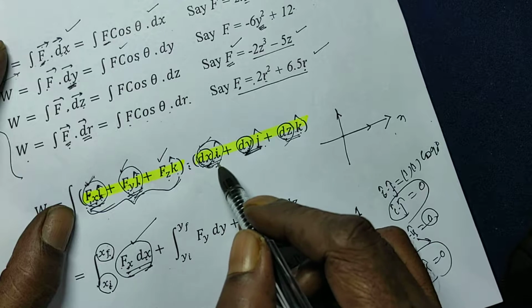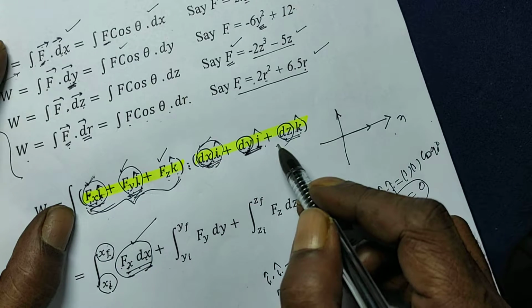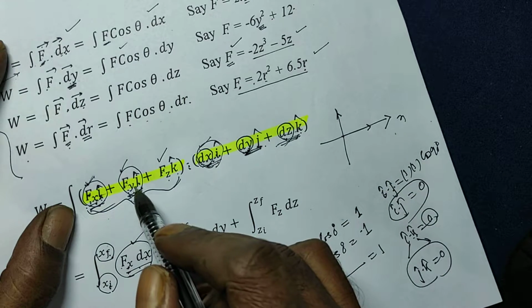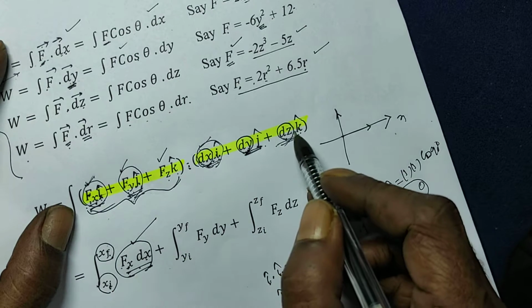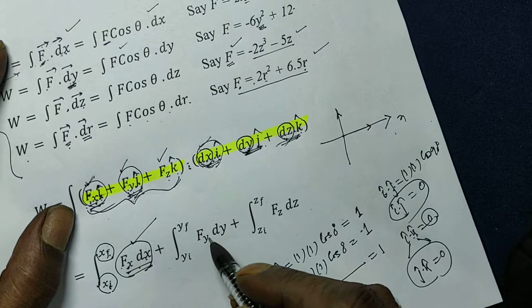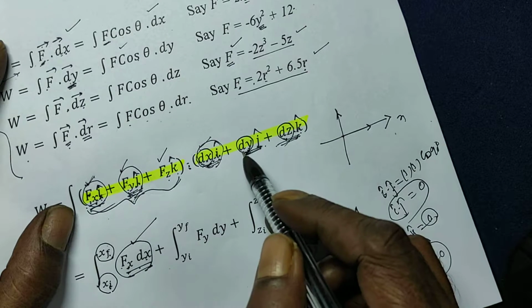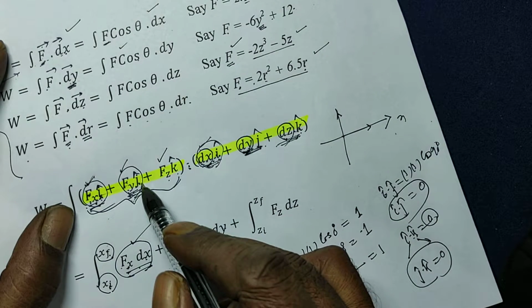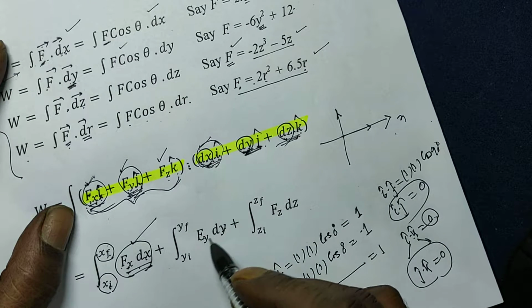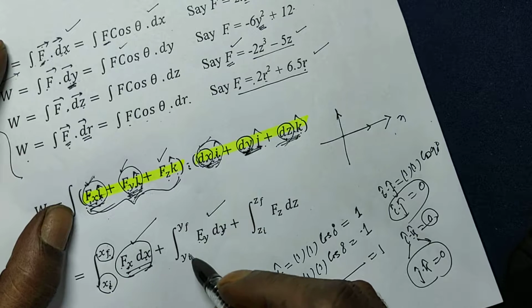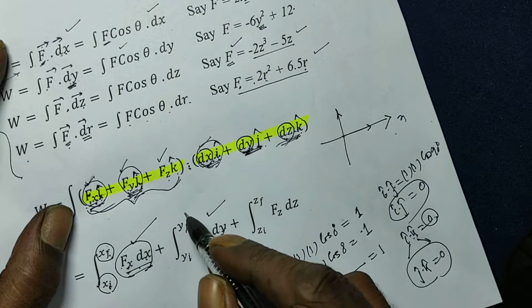Fy j cap with the other terms will give you 0, because j dot I is 0 and j dot k is 0. So we get Fy dy, since j dot j is 1, with limits from y initial to y final.